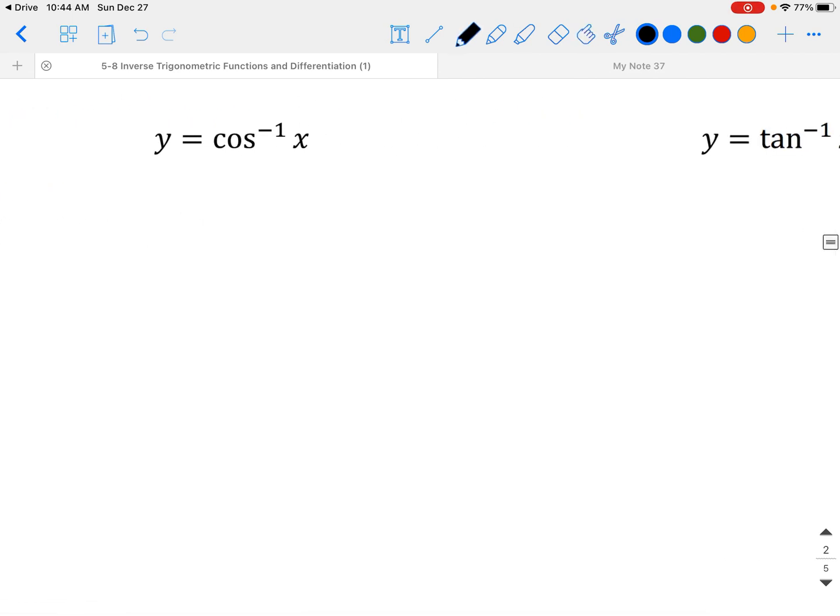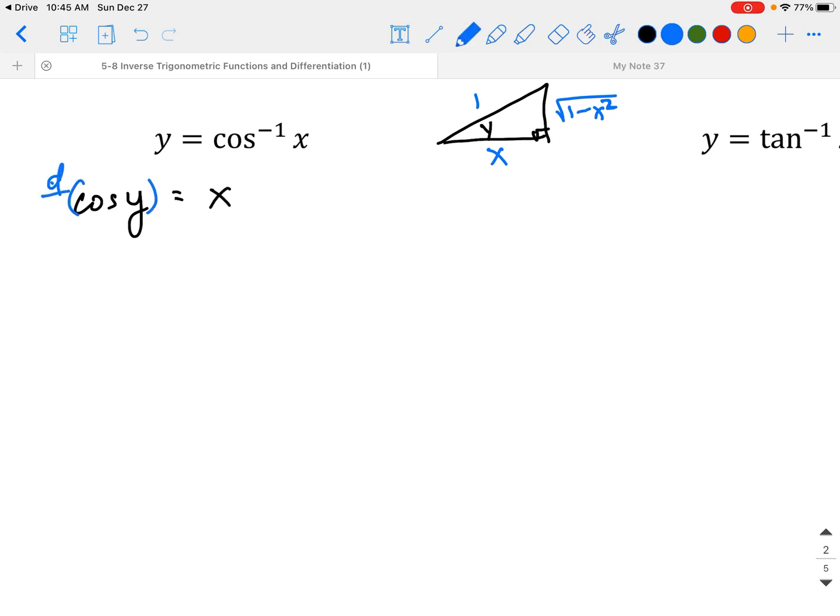So we'll do the same thing for the second example. So now we've got cosine. So y again is our angle measure, and then cosine is going to be the adjacent and hypotenuse lengths, the ratio of those two, which means we're going to get the 1 minus x squared on the opposite side. We'll do the same thing. Take cosine of both sides in this case, and then we can differentiate implicitly with respect to x.